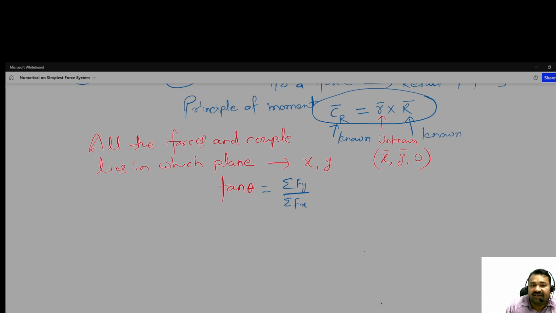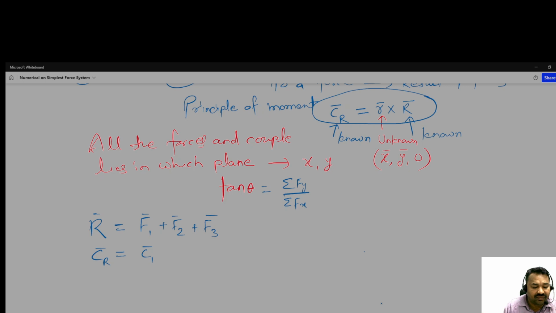Now let's start on how to get the resultant. The resultant force is equal to F1 plus F2 plus F3. And what about the resultant couple? This is the resultant couple, and there is only one couple, so it is equal to this.